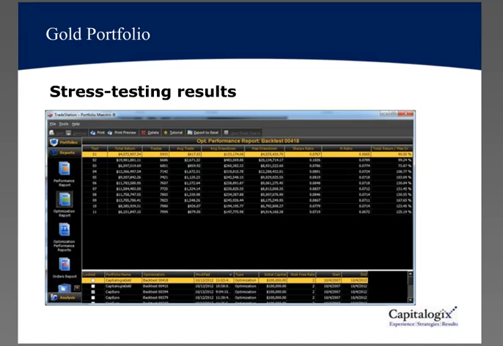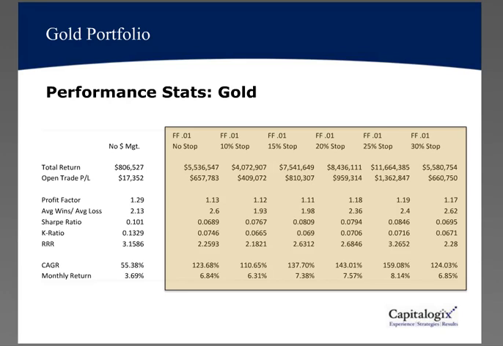Now, it's hard to see this on the screen, but I wanted to at least show you that it would spit out the information, and show you all the different numbers for this particular portfolio. What I've done, just to make it easier to read, and I said I was going to cut to the chase, is show you all of the different stops for the individual portfolio and really get a feel for what's taking place here.